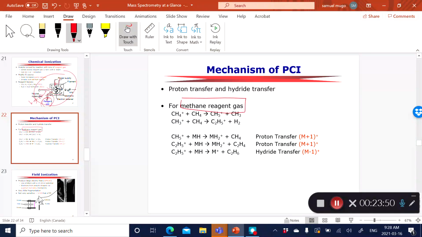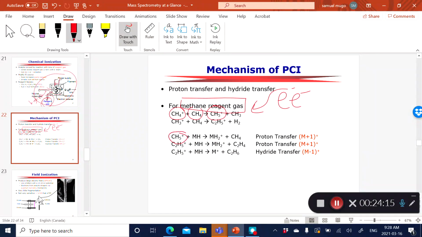The methane gets ionized by the energetic beam of electrons into the molecular ion of methane. But again, the molecular ion of methane reacts with another neutral methane molecule to give you a species that is charged.